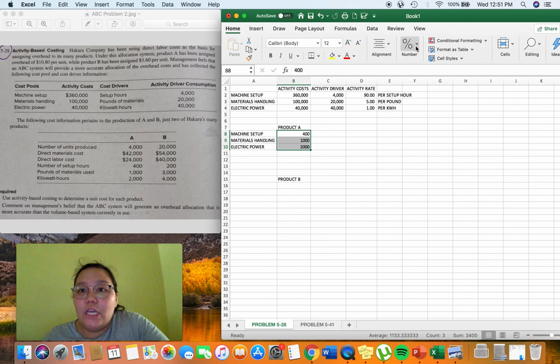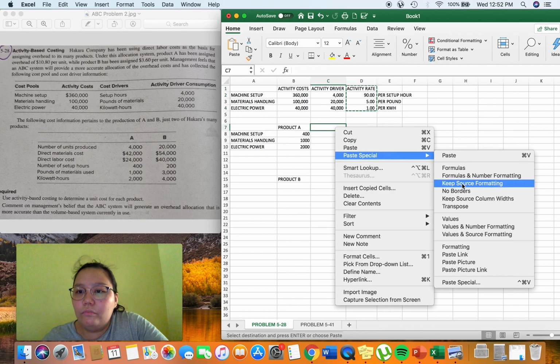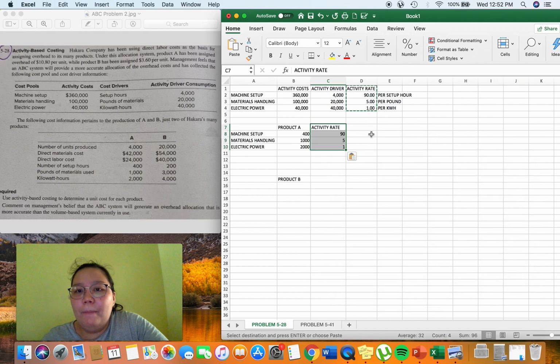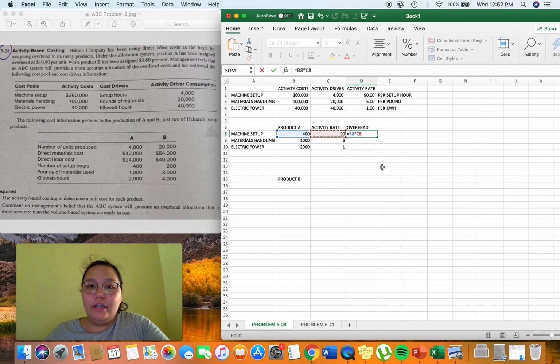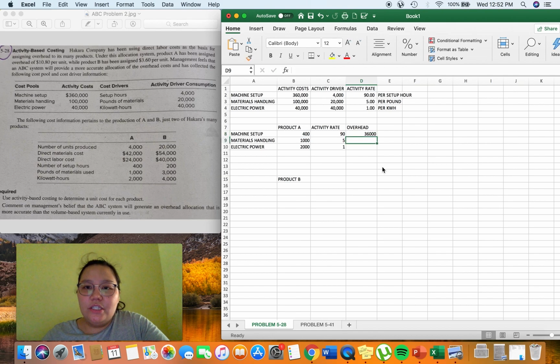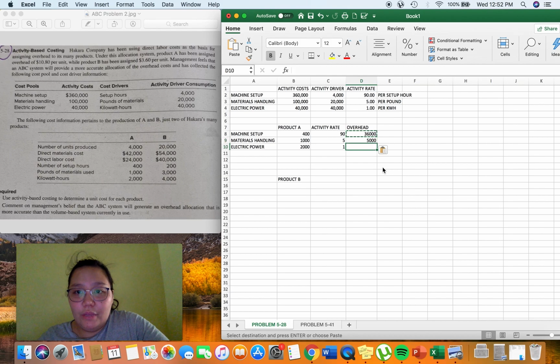So what we're going to do is multiply this by the activity rate that we have computed. So the overhead that will be allocated for product A as far as the machine setup is concerned is 36,000. For materials handling, we have 5,000. And for electric power, 2,000.